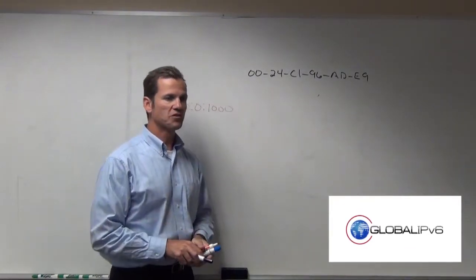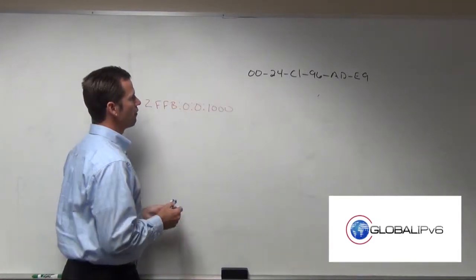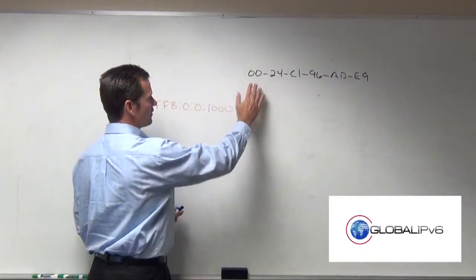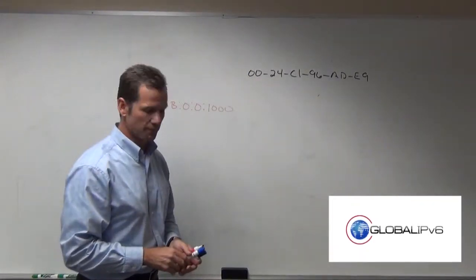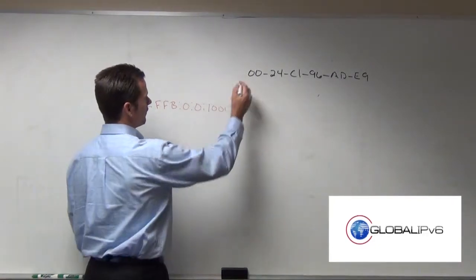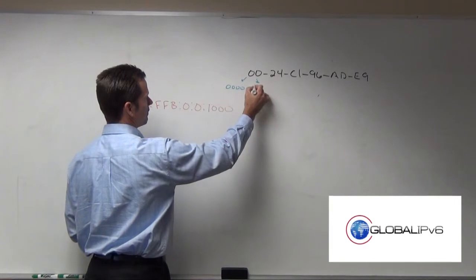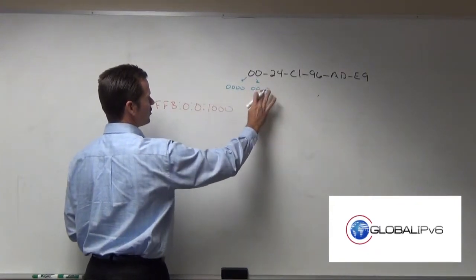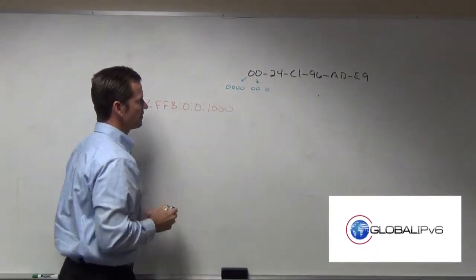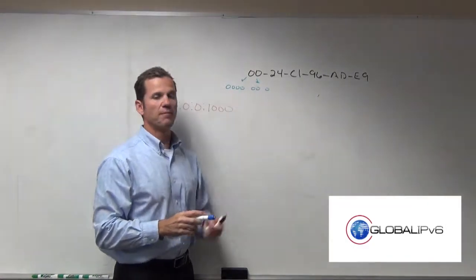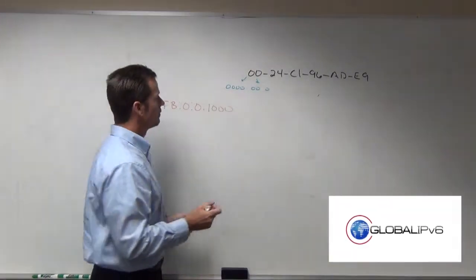To do this, since this MAC address came off of the Ethernet card, the host by default is going to take the first 8 bits and change the second to least significant bit from a 0 to a 1.